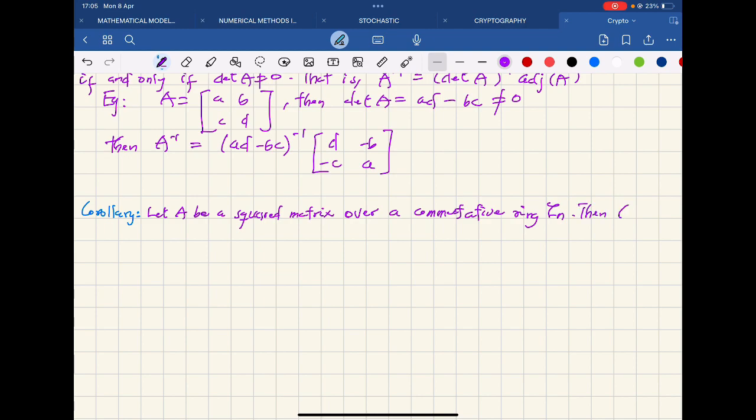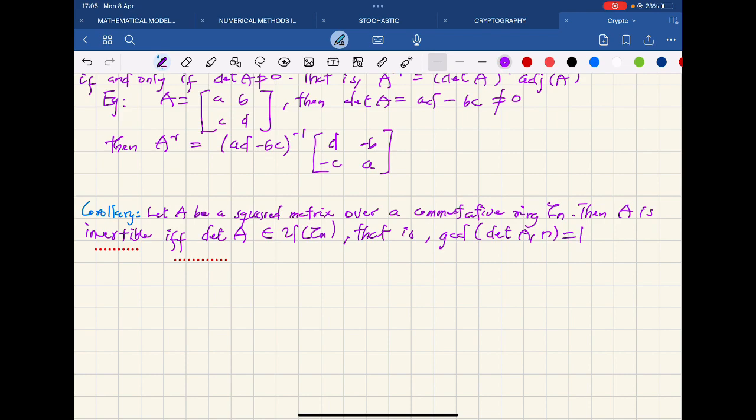Then A is invertible if and only if the determinant of A belongs to the invertible elements of Zn. That is, the GCD of the determinant of A and n is equal to 1.